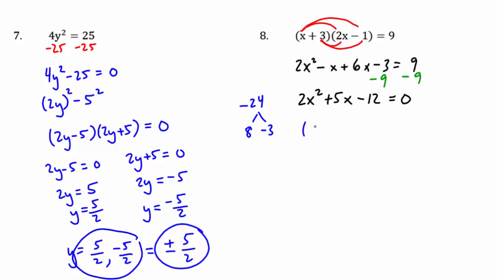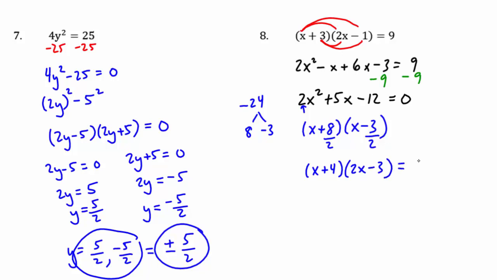I'll use that one method, x plus 8, x minus 3. Take the coefficient of x squared and divide each term by that. 8 divided by 2 is 4. 3 divided by 2, well, that's as small as it goes. So the 2 can go in front of the x with that trailing 3.